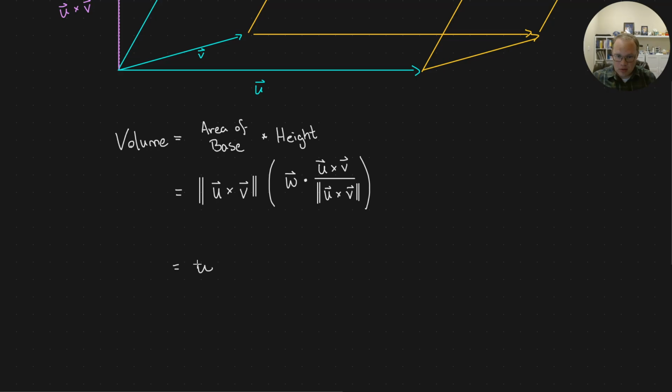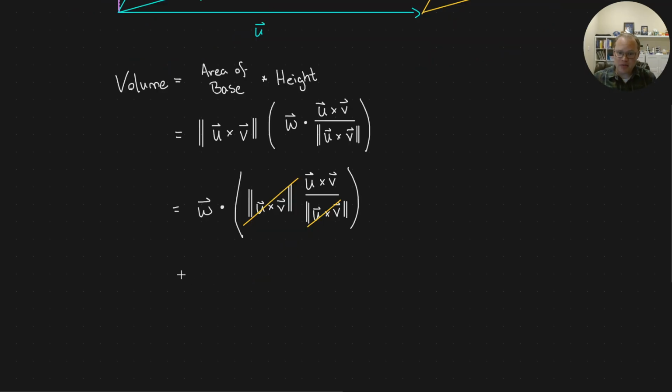Okay, so I get w dotted with, going to get my scalar multiple, u cross v, times the vector u cross v over norm of u cross v. And you could see that this and this will cancel very nicely.